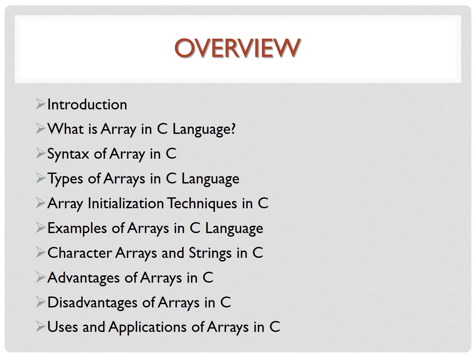Introduction. Managing large amounts of related data efficiently in any language is a common challenge, and C is no exception. This is where arrays in C programming come into play. They provide a powerful way to group and handle multiple values of the same type under one name, making your code cleaner and more organized.